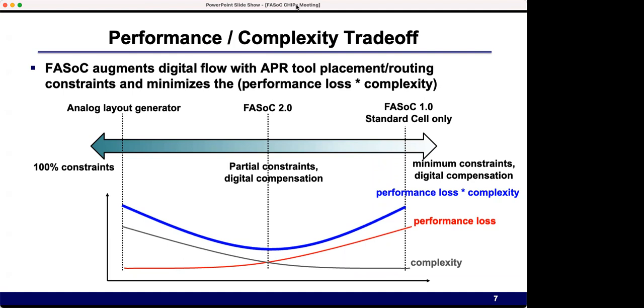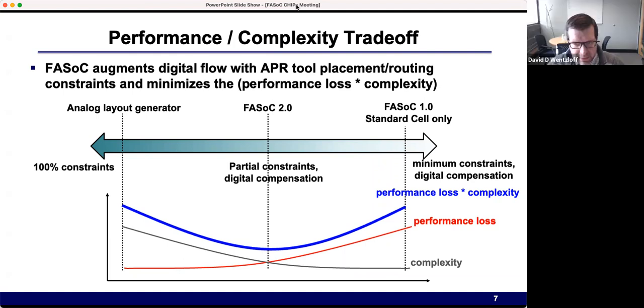But then we would route that using APR tools, and we would use directives to those APR tools to, for example, not use a default width for a wire. Use a bit wider wire sometimes, or don't route over this area, for example.